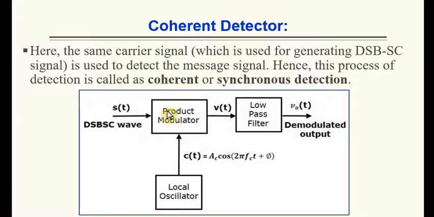We have our product modulator, a local oscillator, and a low pass filter. With the help of these components, we can recover our message from the modulated wave S of t. So our message signal, v out of t, will be extracted from the modulated signal.